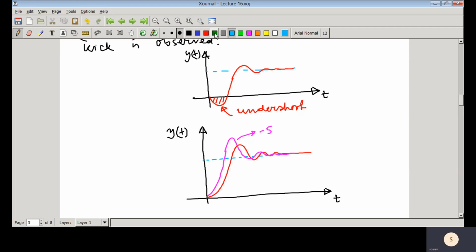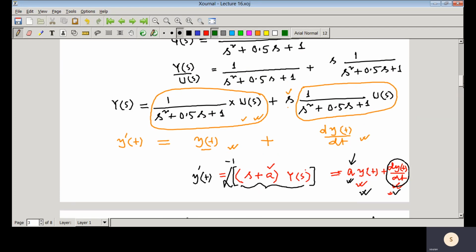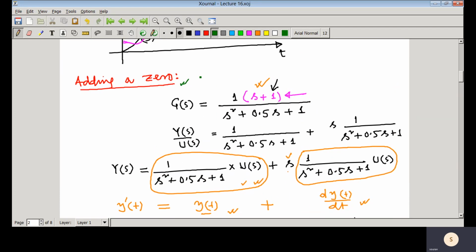Again, if that 0 is moved to -3, then you can see that whenever the 0 moves towards the origin, the overshoot is increased. So this is the typical response of a system whenever we add a 0 to the transfer function.